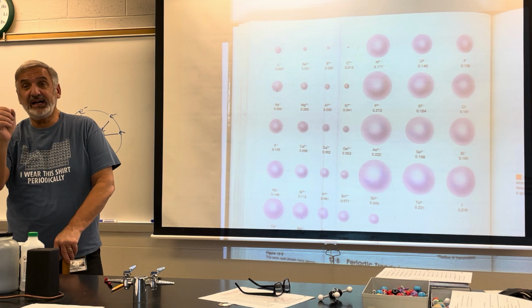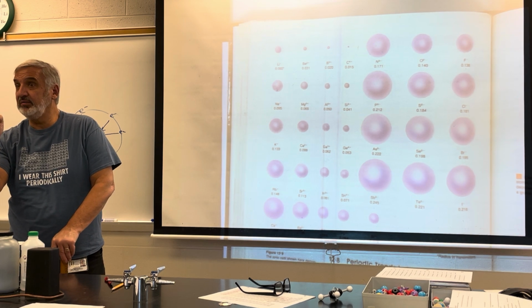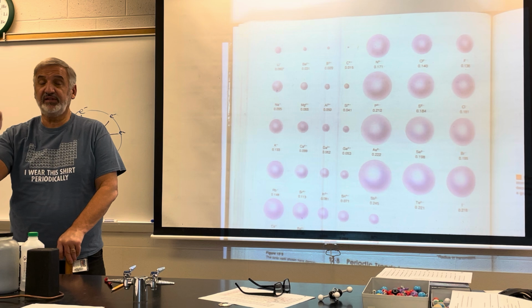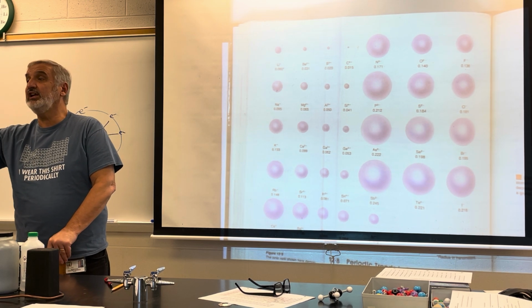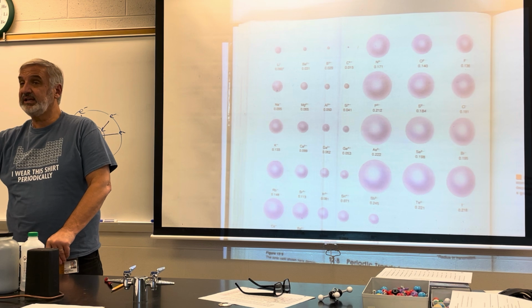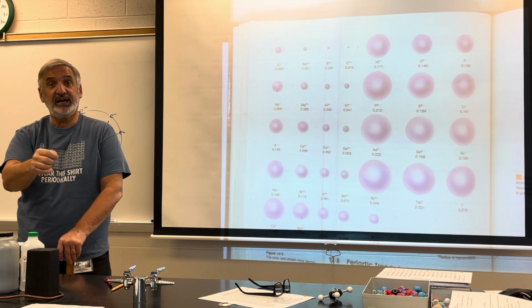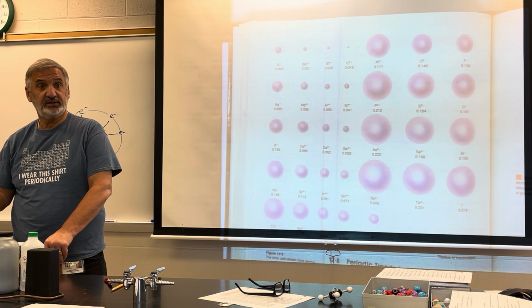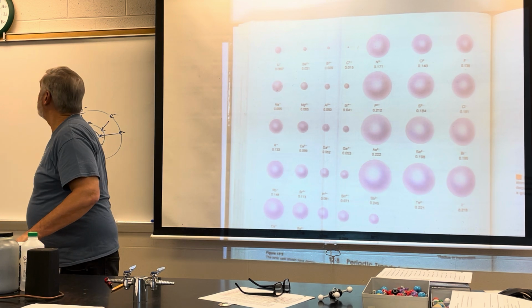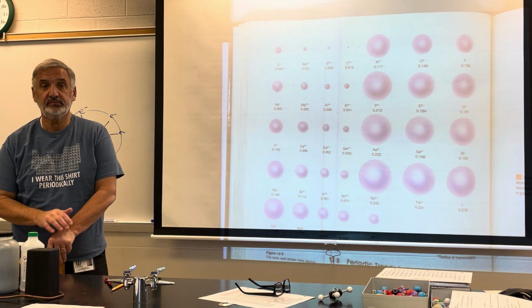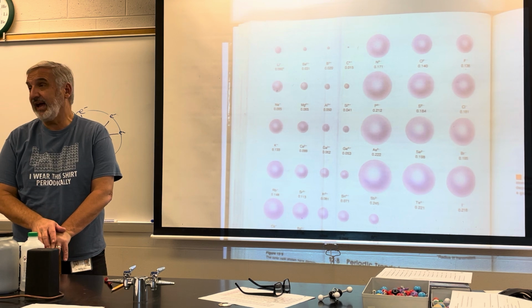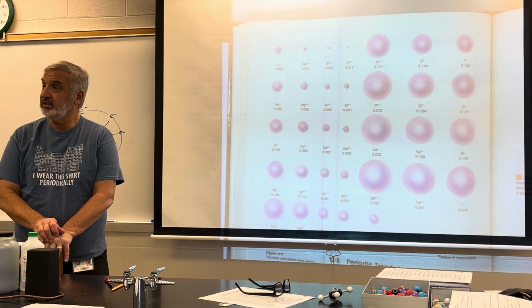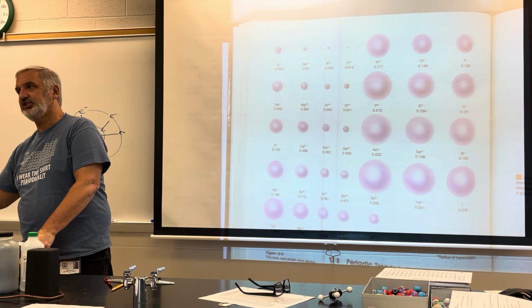So cations are significantly what? Smaller than the atom they came from. Anions are significantly larger. Cations are smaller, anions are larger. Cations are losing the valence shell.